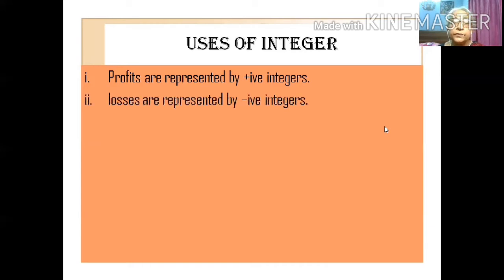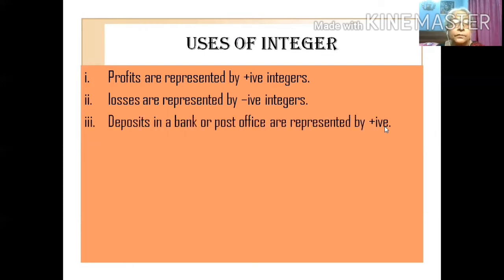Losses are represented by negative integers. Deposits in a bank or post office are represented by positive integers. Withdrawals, if you withdraw some money from the bank or the post office, are represented by negative integers.